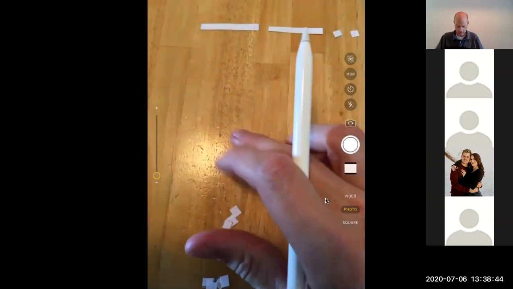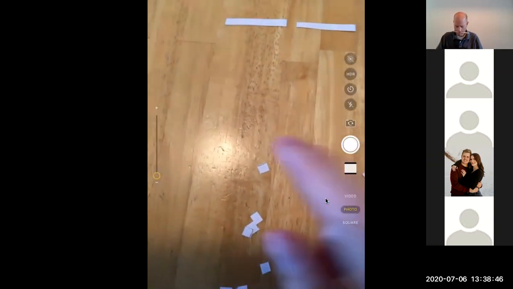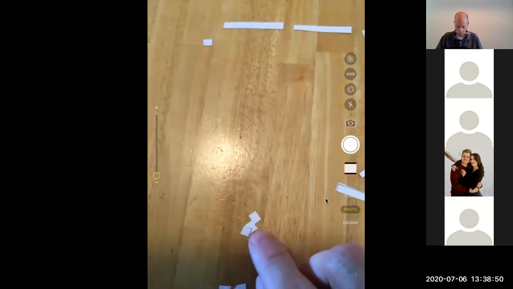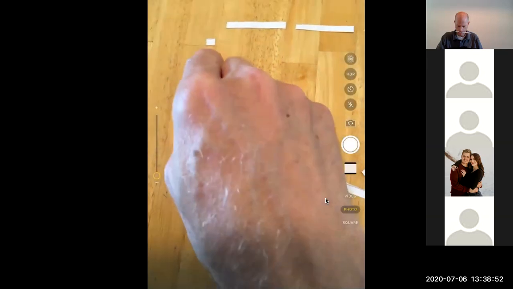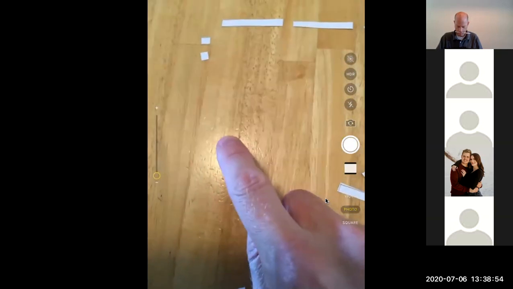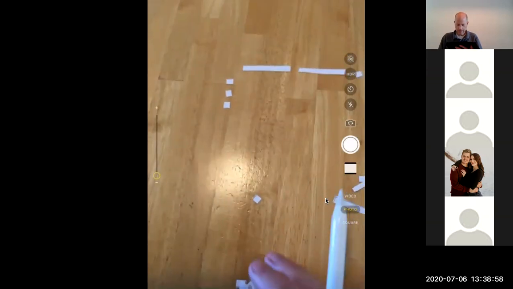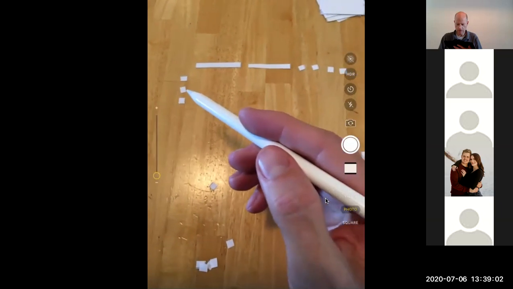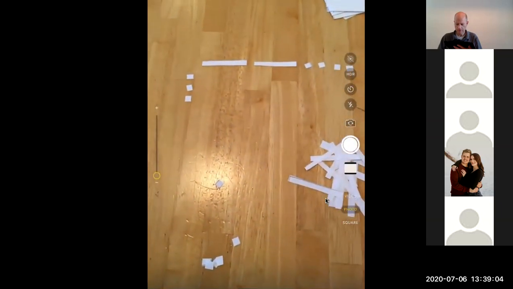So 3 of these units are going to go on the side. And I've gotten one length here on the side for 3 units. That will be my 3 groups. And here's the rest of the 24.